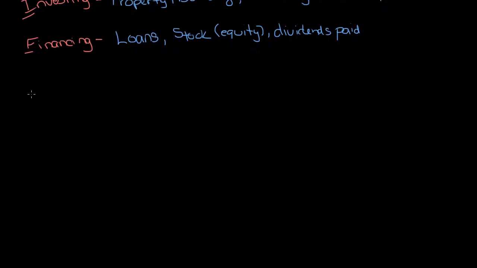Okay, so now what I want to look at, say we're looking at something like accounts receivable, and my prior year balance was $5,000 and my current year balance is $10,000. So what does that tell me? Okay, so the balance increased $5,000.